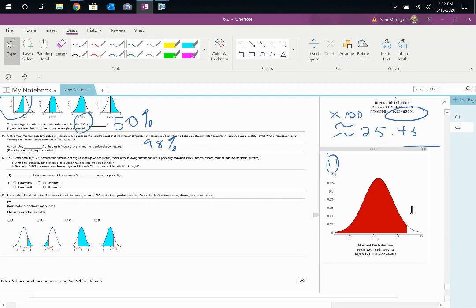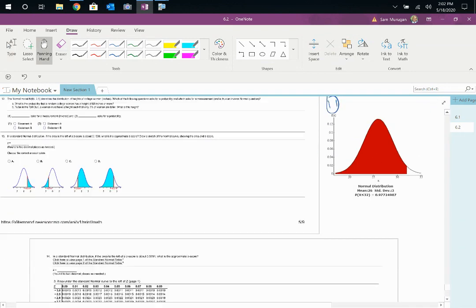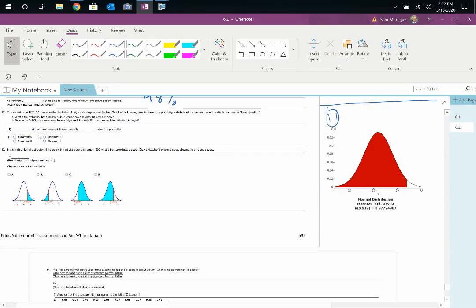Question 12, the normal model 65 2.5 describes the distribution of heights of college women. Which of the following questions ask for a probability, which asks for measurement, and is thus an inverse normal?